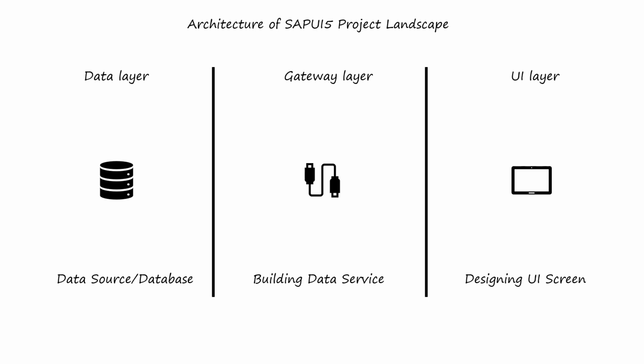You need a layer in between which does this handshaking between the UI layer and the data layer. That is the gateway layer, where we build our REST services or OData services which are consumed by the UI5 application in order to show the data on the screen.